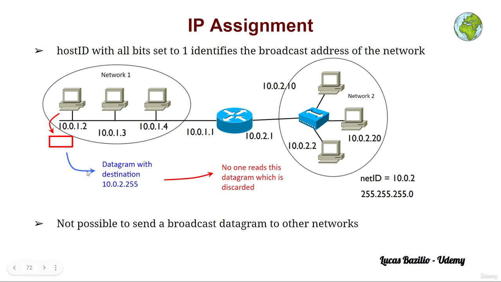If we send this datagram to the broadcast address of network 2, no one is going to read it. This datagram is going to be discarded, because it is impossible to send a broadcast datagram to a network that is not the source network. It is not possible to send a broadcast datagram to other networks, only the network that we are on.